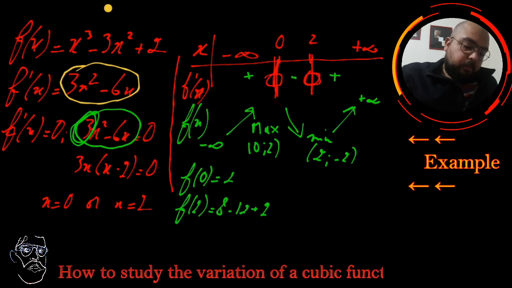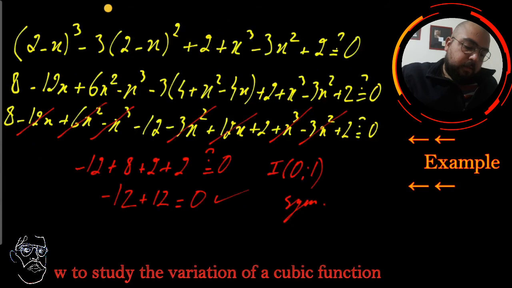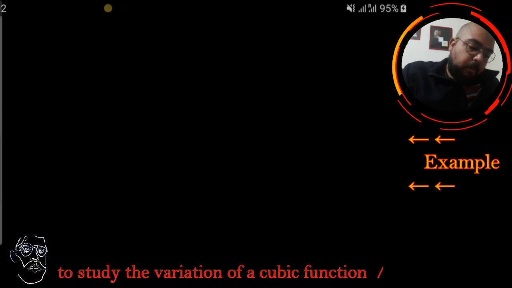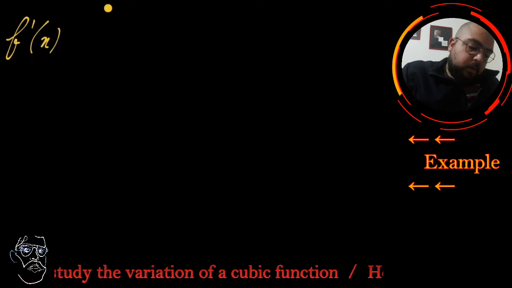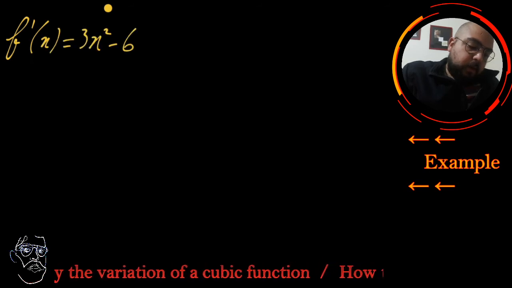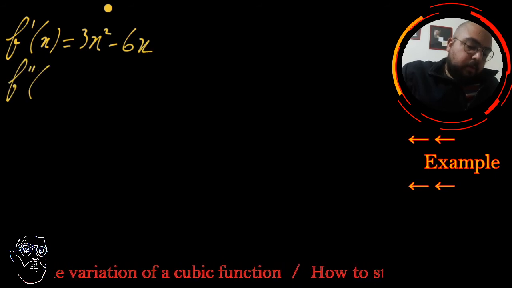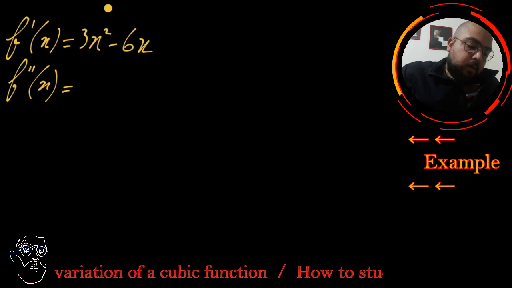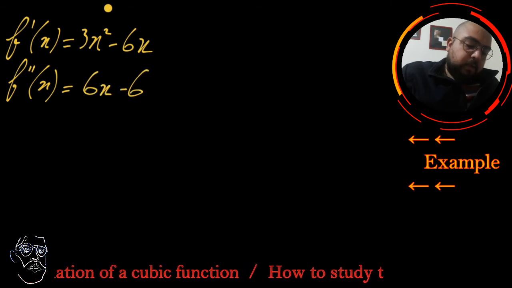So f prime of x is 3x² minus 6x. Once you calculate f double prime of x, it is equal to 6x minus 6.